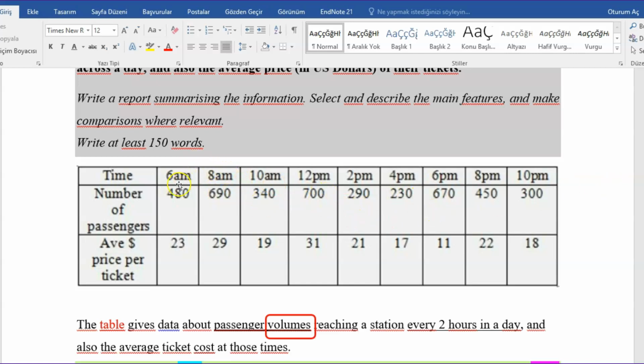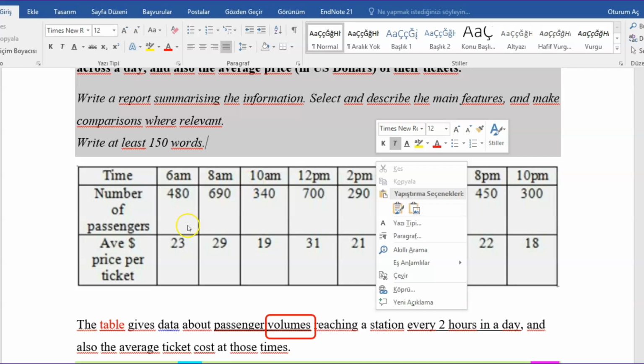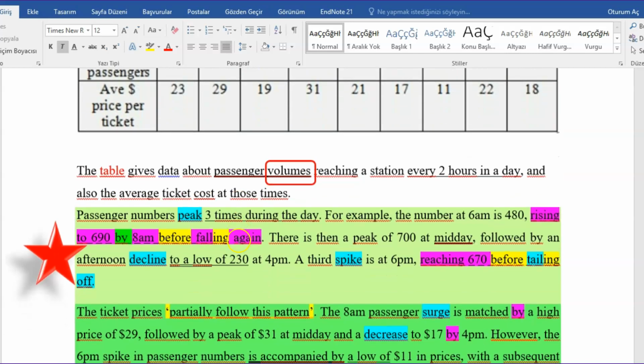We have not static data but movement data. Therefore, in this kind of chart and data, we have to show and write the changes. Okay, let's move on in more detail.